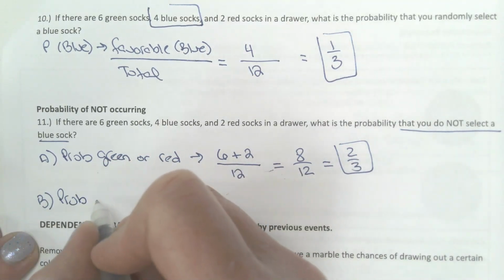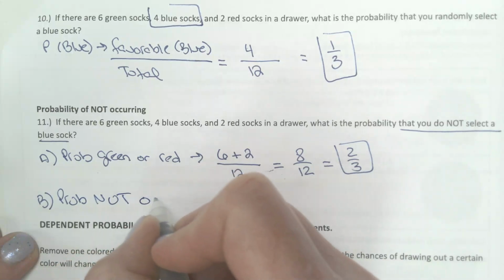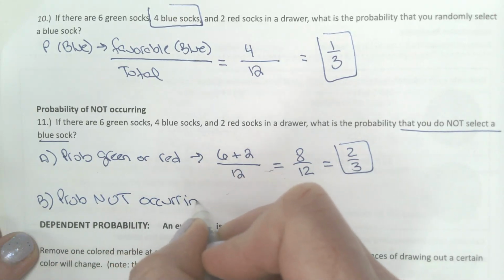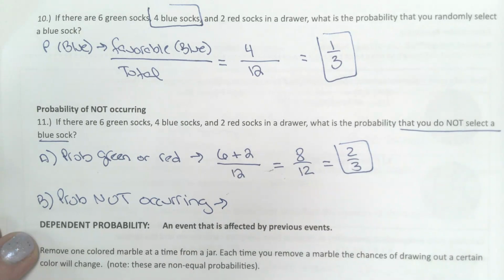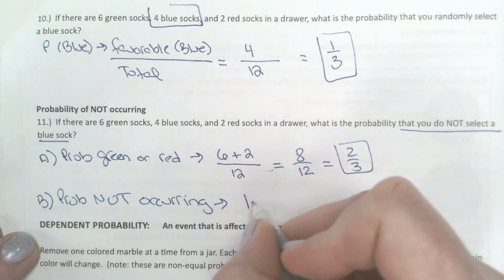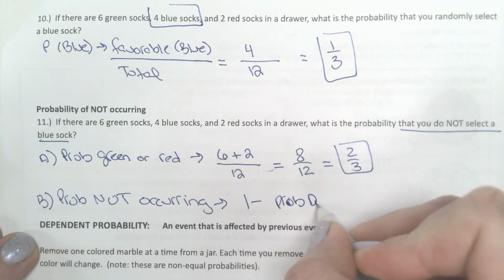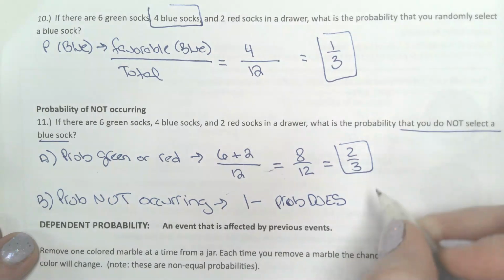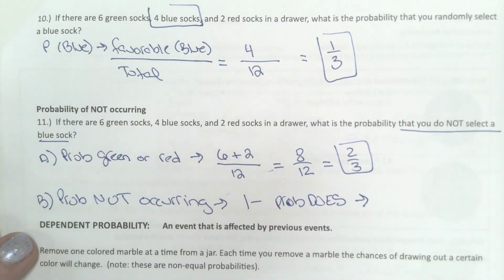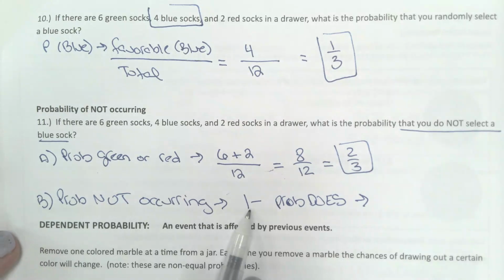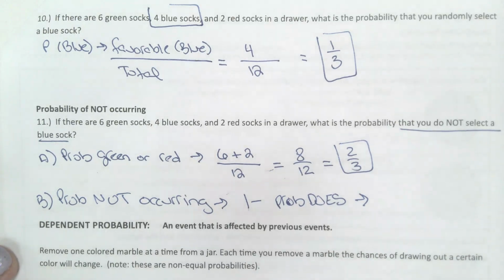The probability of something not occurring is 1 minus the probability that it does occur. So the chance of you drawing a sock is 100%, which is 1 as a decimal.